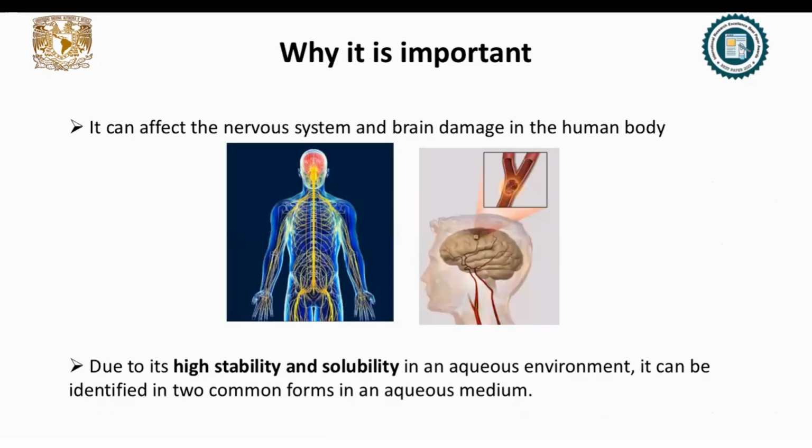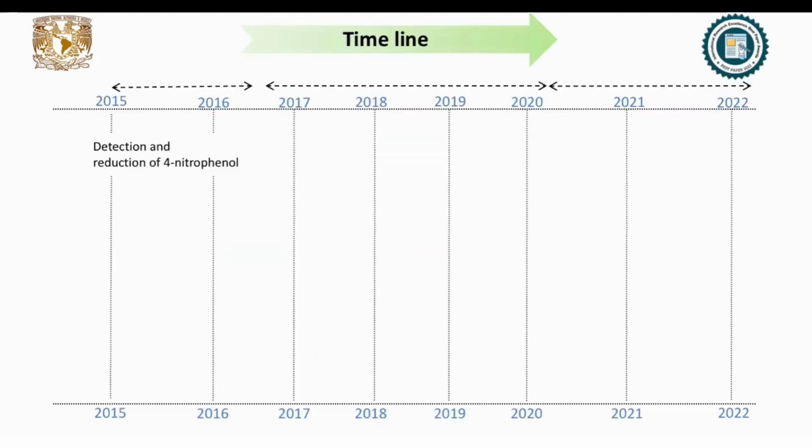So why is it important? Because it can affect the nervous system and cause brain damage in the human body. Due to its high stability and solubility in aqueous environment, it can be identified in 2 common forms in aqueous medium. To eliminate or to identify this problem, we have been working for the last several years.